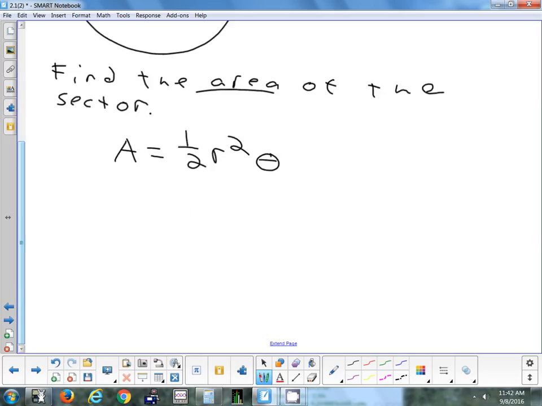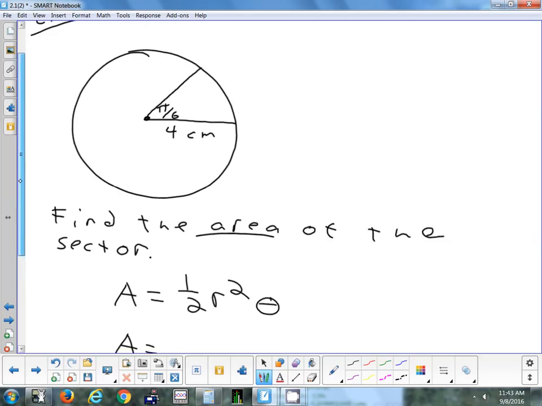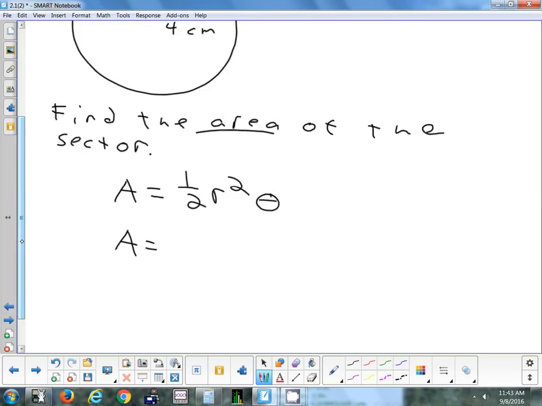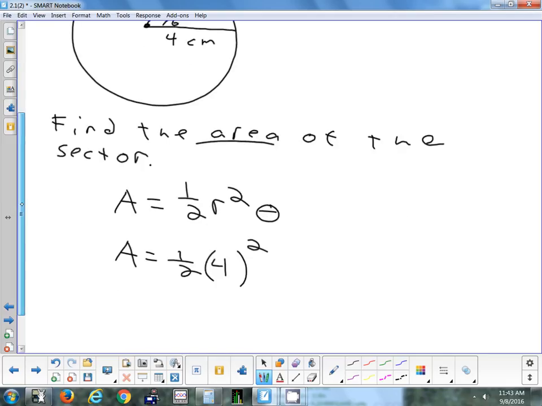Good. Now I'm going to look at what they give me and plug it in the right spot. Find the area, so I don't know A. Do I know the radius? Yep, radius is 4. And do I know theta? What is it? 5 pi over 6. Do I need to convert it? Nope, it already is in radians, so it's ready to go.